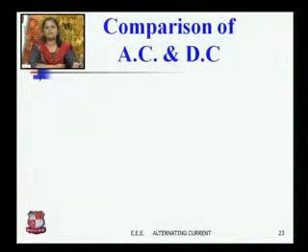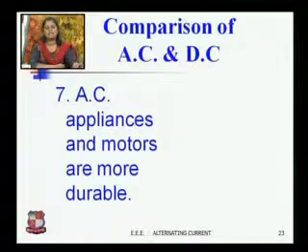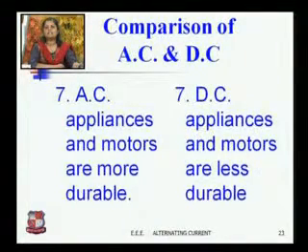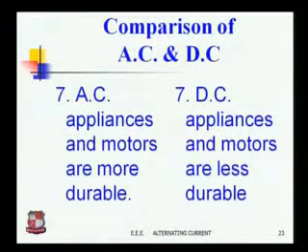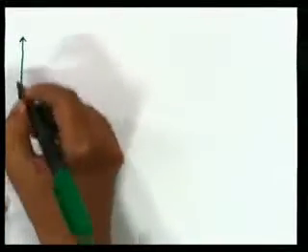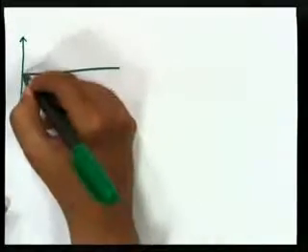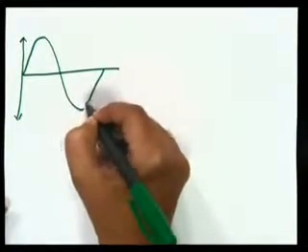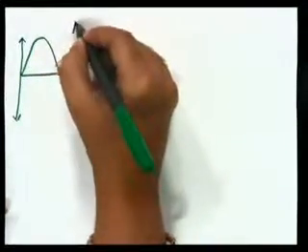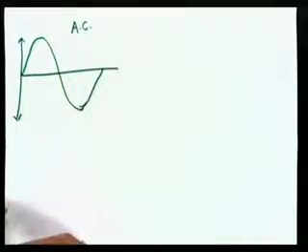Now the next point for comparison is that AC appliances and motors are more durable and DC appliances and motors are less durable. The reason is that suppose this is your AC quantity.